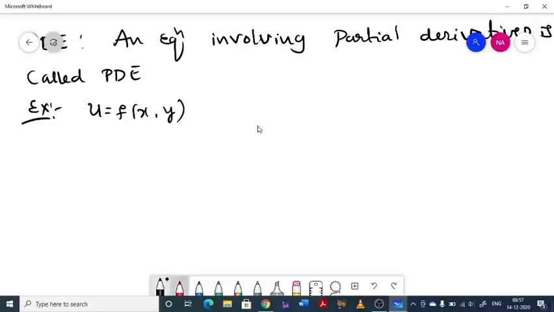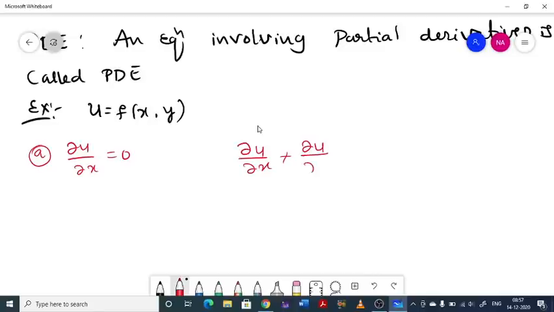So, a simple example, let us take dou u by dou x equal to 0. I think you don't get much simpler example than this. So dou u by dou x equal to 0, or you can write dou u by dou y equal to 0. Second simple example, dou u by dou x plus dou u by dou y equal to 0.